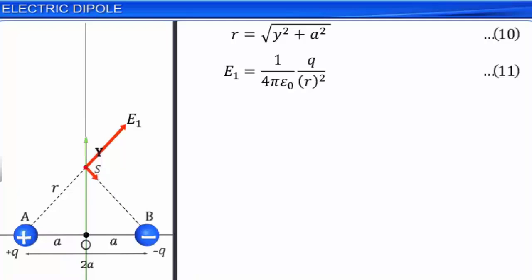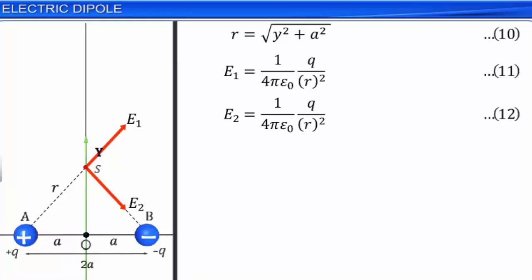Similarly, the negative charge creates an electric field of magnitude E2 is equal to 1 by 4 pi epsilon naught q by r square. Let this be equation 12. Electric field strength E2 is directed towards the negative charge and acts along the line joining the point S and the charge -q as shown.